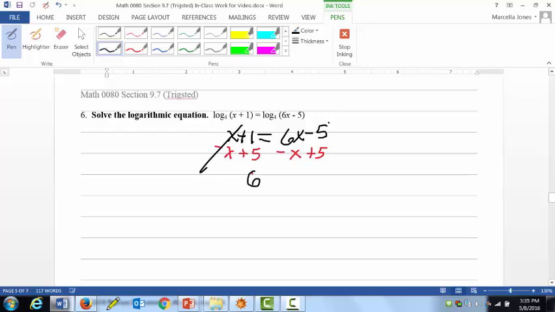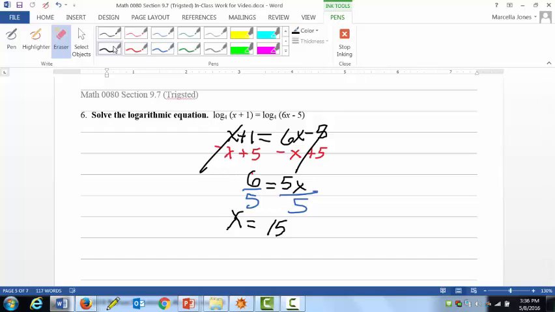These cancel out and these cancel out, equals 5x. Dividing both sides by 5, x equals 6/5. And so notice that I didn't find the domain of this function to start with. Another way that I can do this problem is just to check my solutions instead of finding the domain at the beginning.